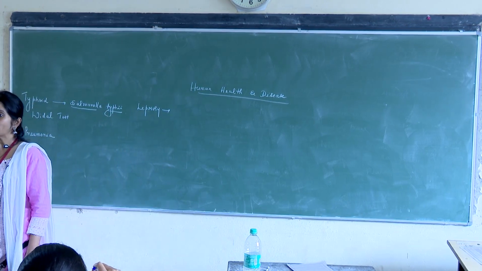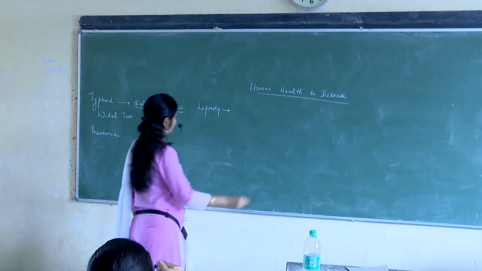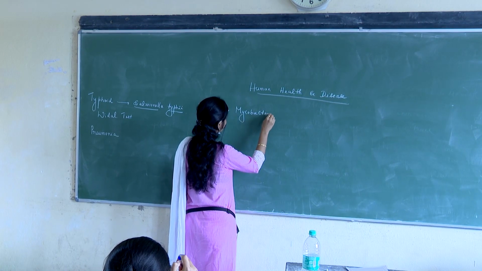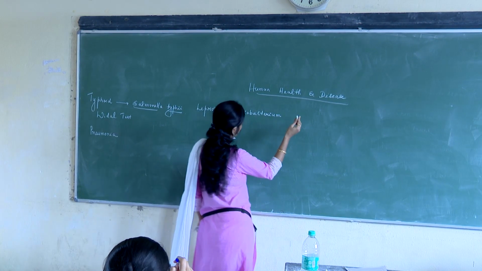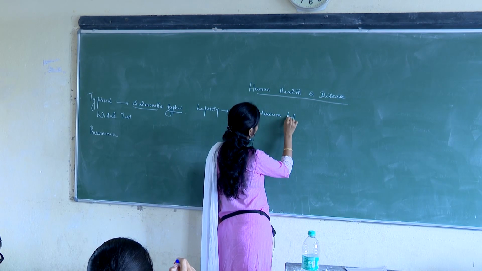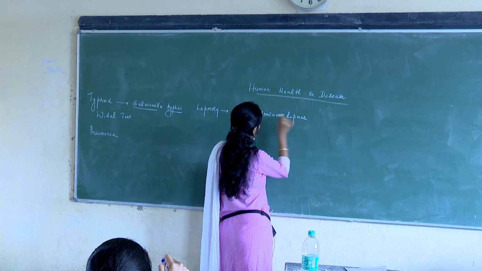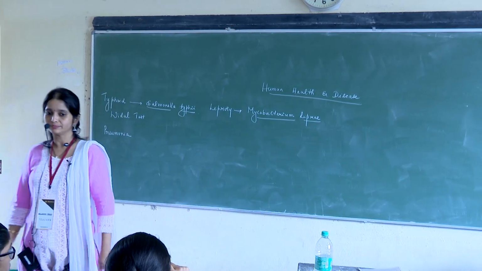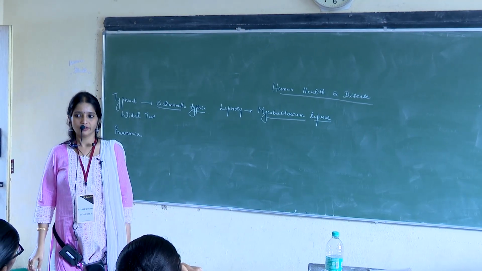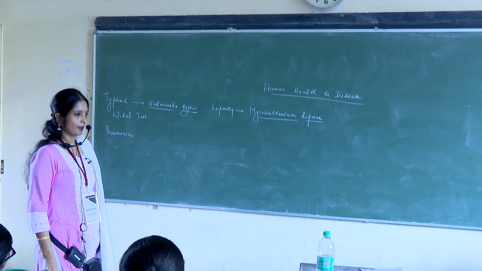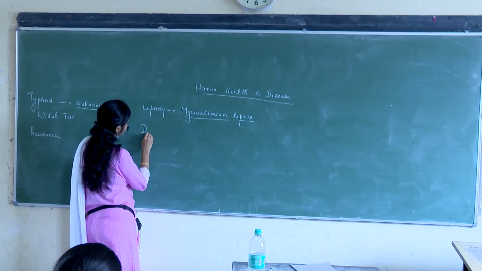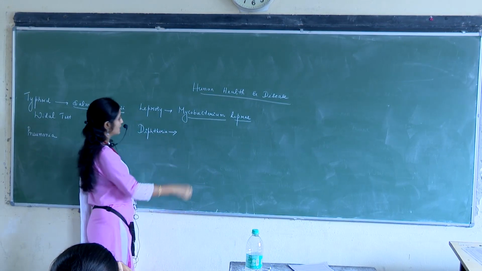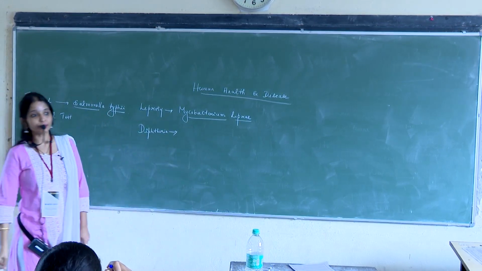Caused by Mycobacterium leprae. Mycobacterium leprae causes leprosy. Right? Then diphtheria. Diphtheria is caused by Corynebacterium diphtheriae.